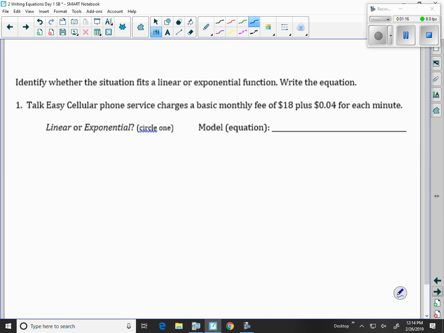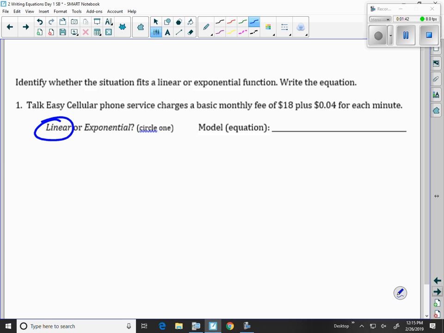Number one. We're just going to decide what type it is, and we're going to write the equation. Talk Easy Cellular Phone Service charges a basic monthly fee of $18 plus 4 cents for each minute. Do you think this is linear or exponential? Linear. What tells you that it's linear?